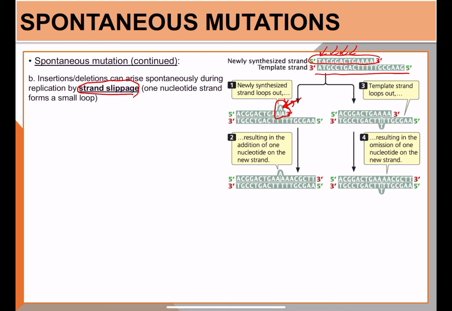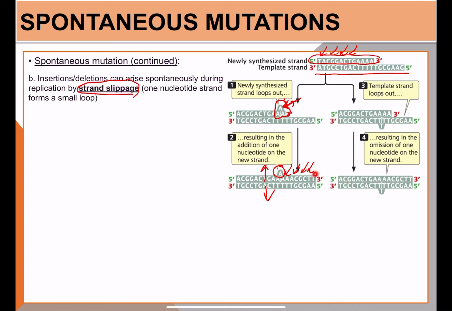DNA polymerase is just going to continue doing its job and add more nucleotides after that to finish the process. But now you end up with this extra A bulging out, and the next time it divides, you split the two molecules and you're going to have that extra A in the sequence. So this is how you end up with an insertion.